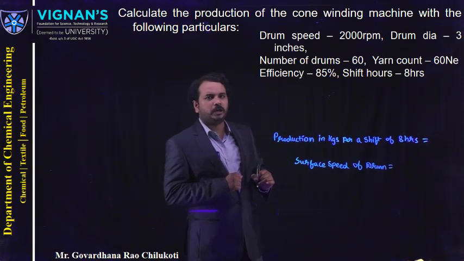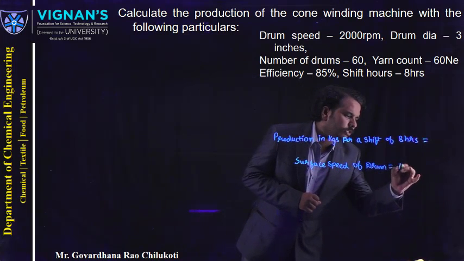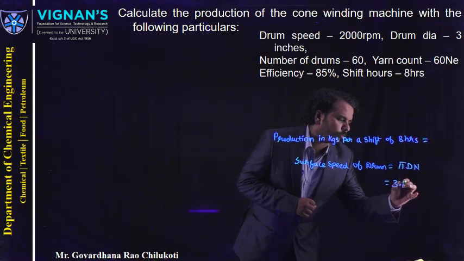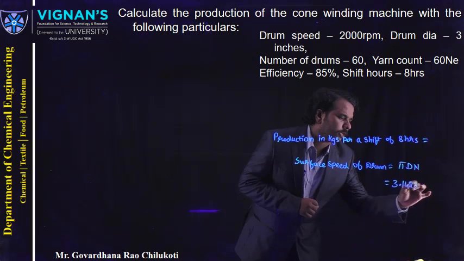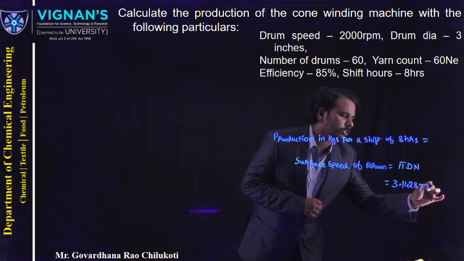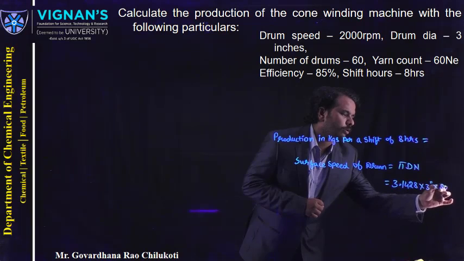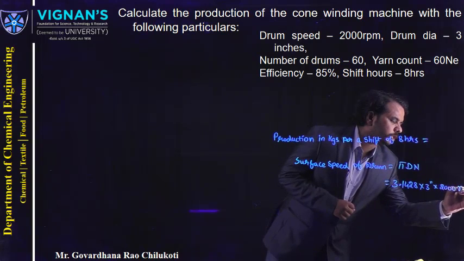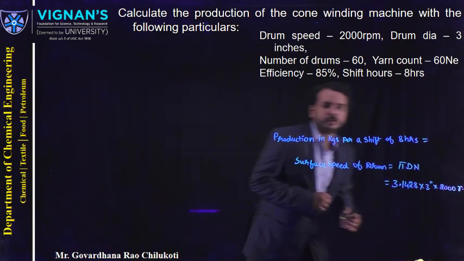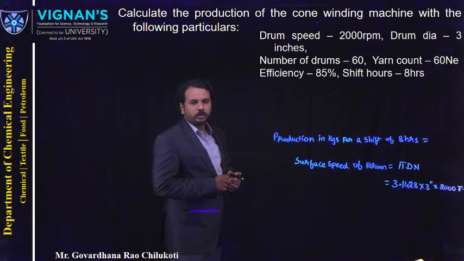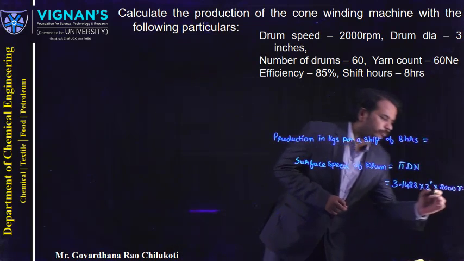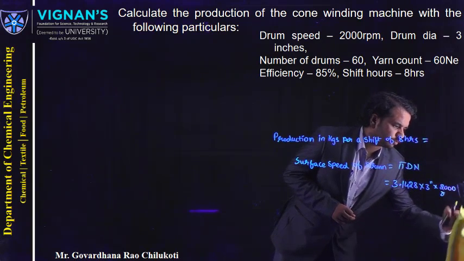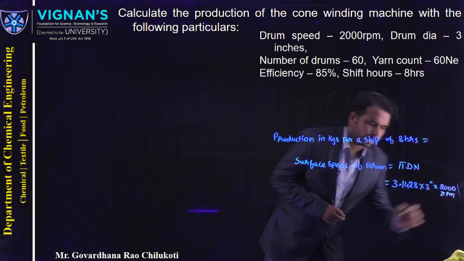What is the formula for surface speed? That is pi DN. Pi is 3.1428, the diameter is given as 3 inches, and the speed is 2000 rpm, revolutions per minute.